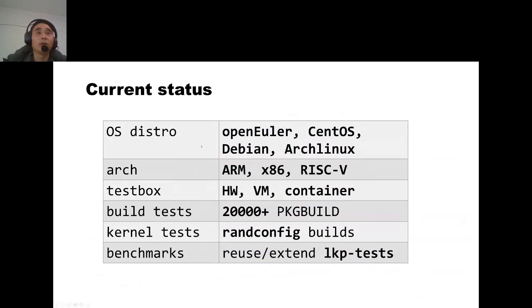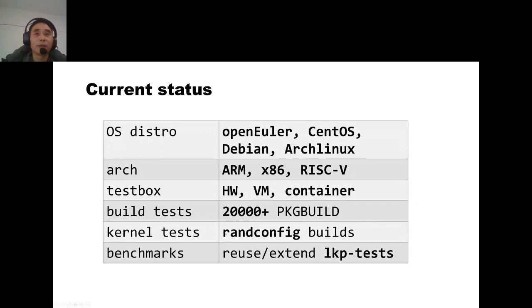Currently, we support these kinds of different metrics. For example, operating system. Mainly, we support OpenEuler, CentOS, Debian, Arch Linux. We currently run 20,000 package build tests. Package builds are from Arch Linux.